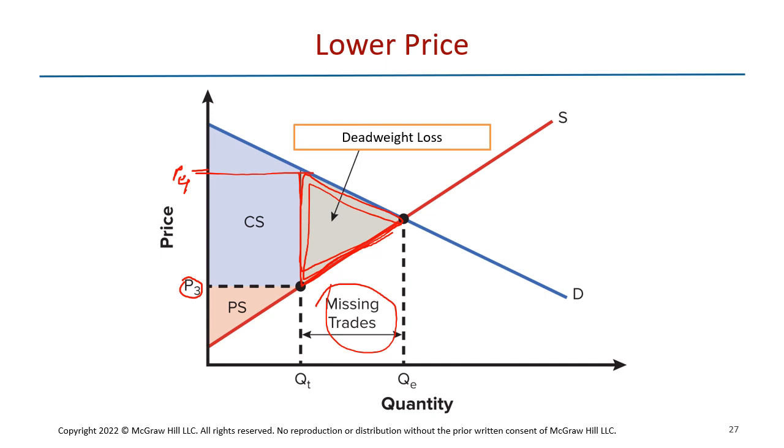But this deadweight loss is what eats away at our consumer surplus, and again, it eats away at our total surplus, or our economic surplus. And our economic and total surplus represents the maximum benefit of all parties involved, both buyers and sellers in the market.